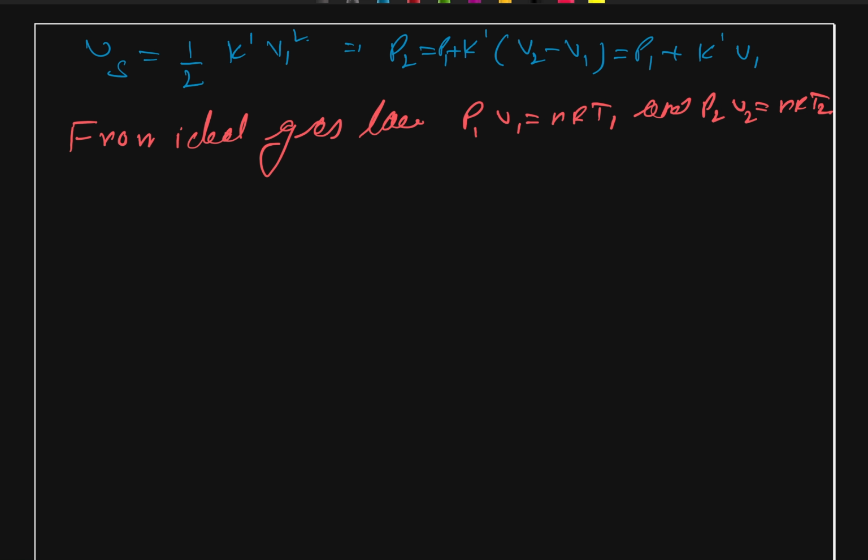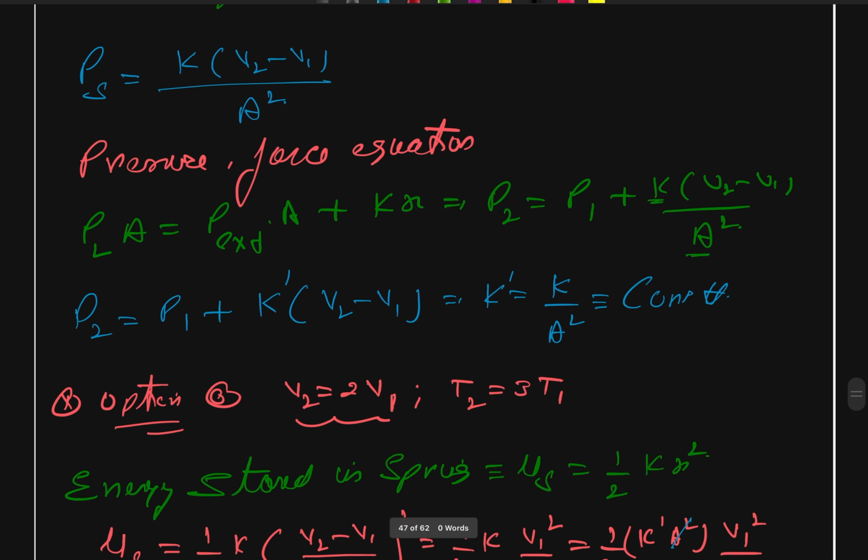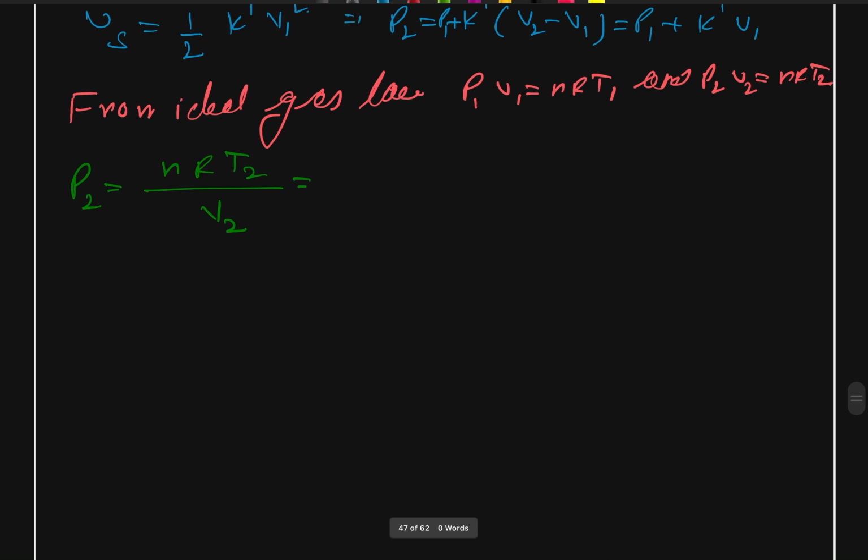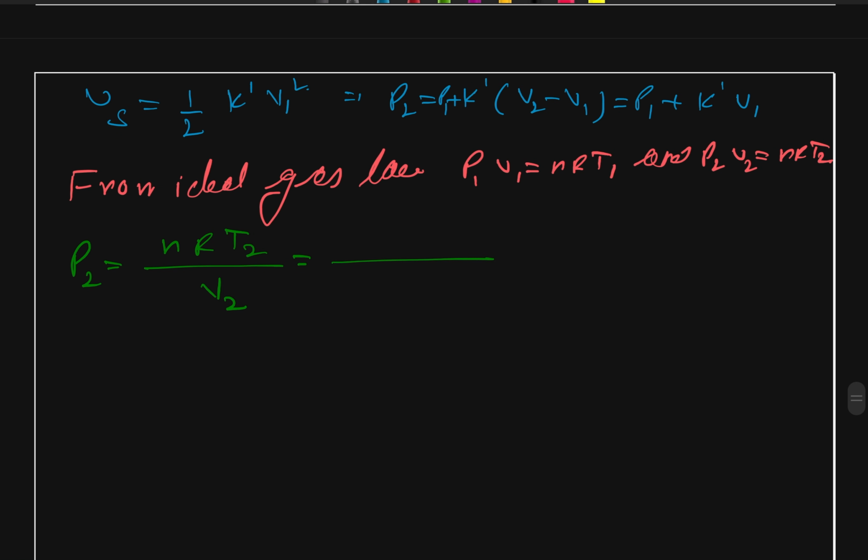Therefore, we can write that P2 is equal to nR T2 upon V2, and temperature is given as 3 times T1. So this comes as nR 3 times T1 over 2 times V1.